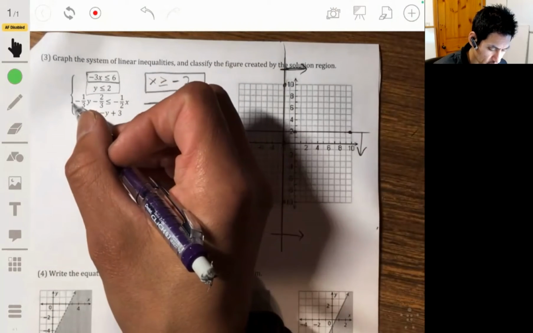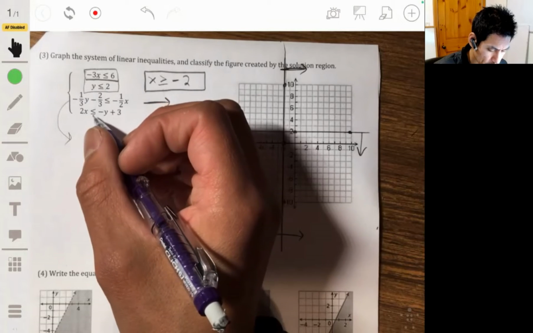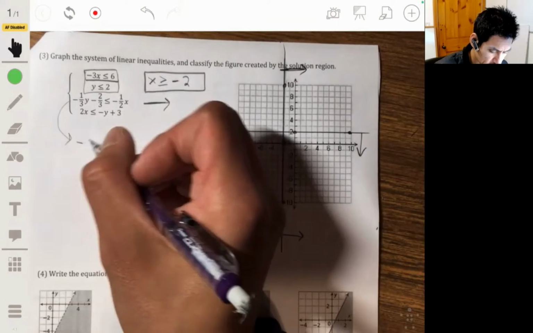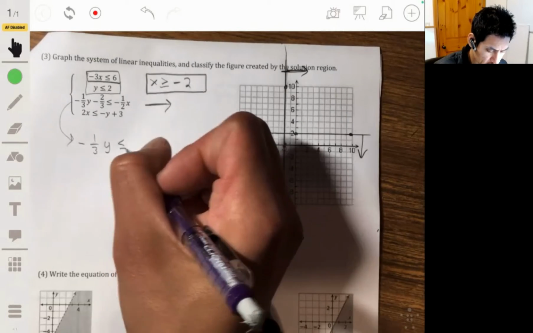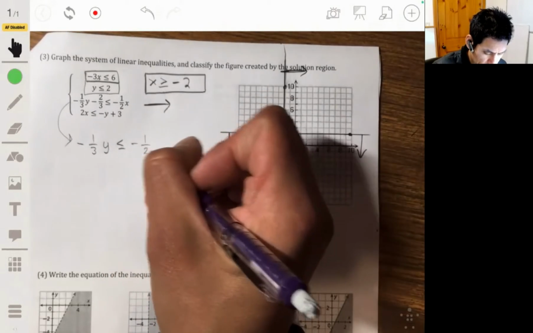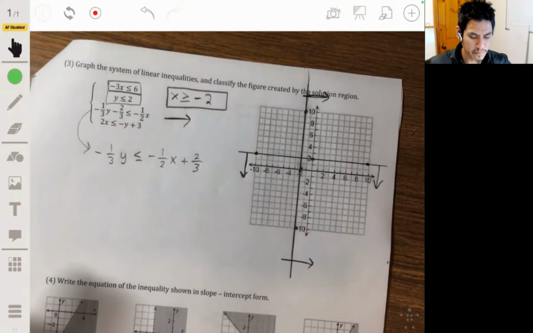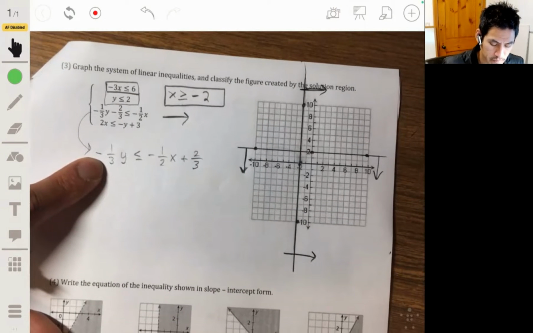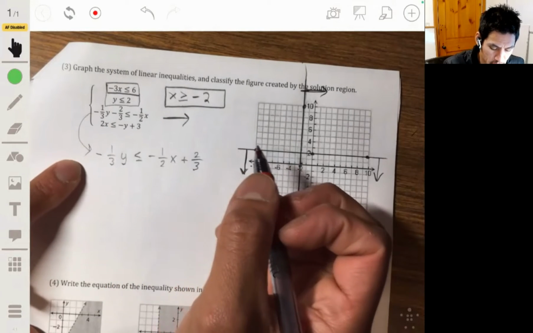Next one, we're going to solve for y. Add 2/3 x, or add 2/3. We get -1/3 y is less than or equal to -1/2 x plus 2/3. Multiply everything by 3, or by 3/1, same thing.